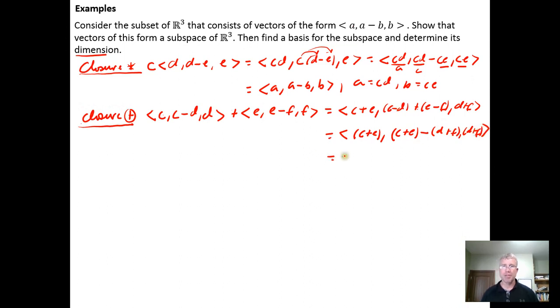So this is actually a vector of the correct form, (a, a minus b, b), where a is equal to c plus e, and b is equal to d plus f. So we see that we're closed under vector addition, because when we add two vectors of the form dictated by the subset, we wind up with another vector that has the form dictated by the subset. Once we've shown closure, we know that we have a subspace.